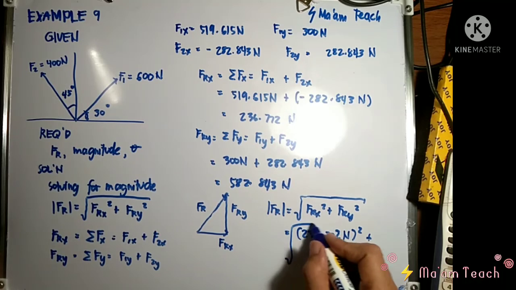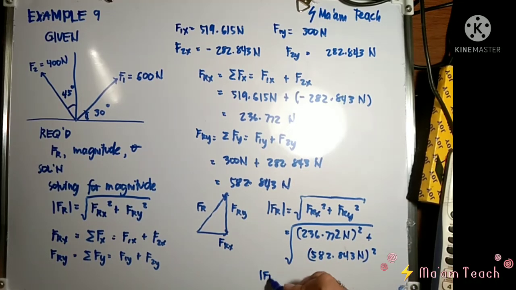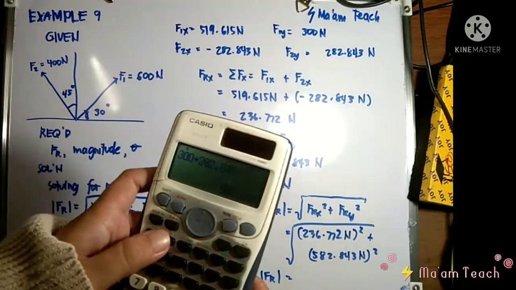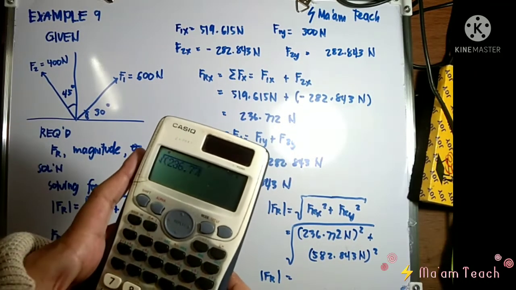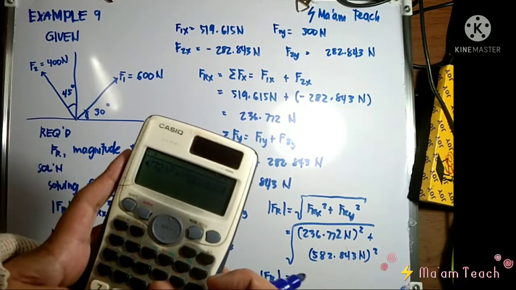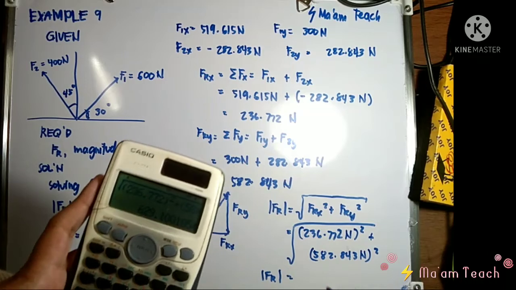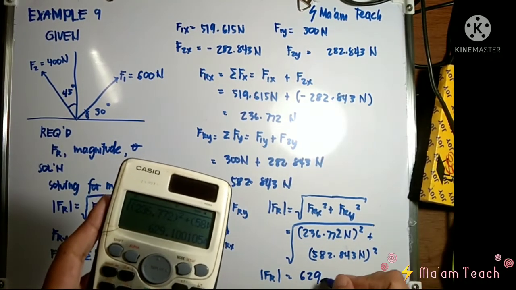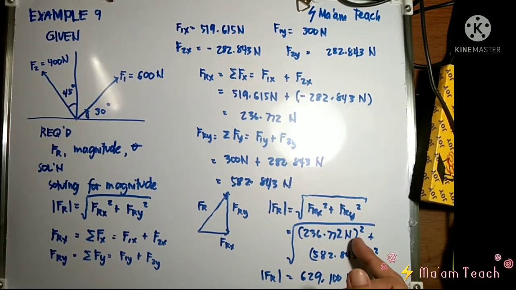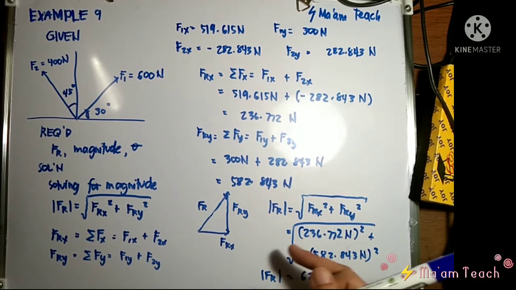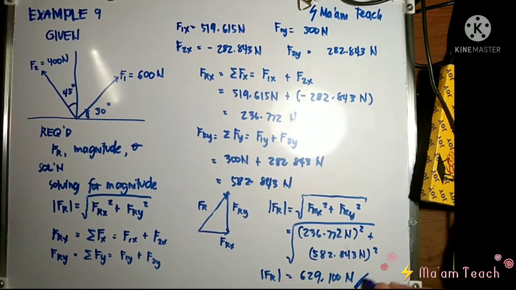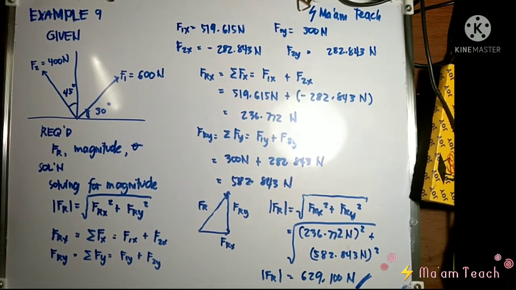So we have to get the square root of this, and that would be the magnitude of F sub R. So the square root of 236.772 squared plus 582.843 squared, we will have 629.100, and the unit is Newton. It's because class, once you square the Newtons, it becomes Newton squared, and then it cancels out when you get the radical. So this is already our answer for the magnitude.